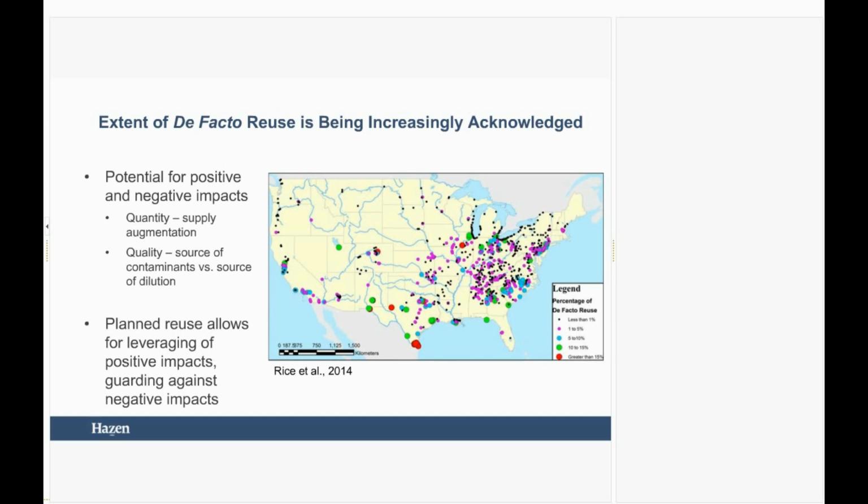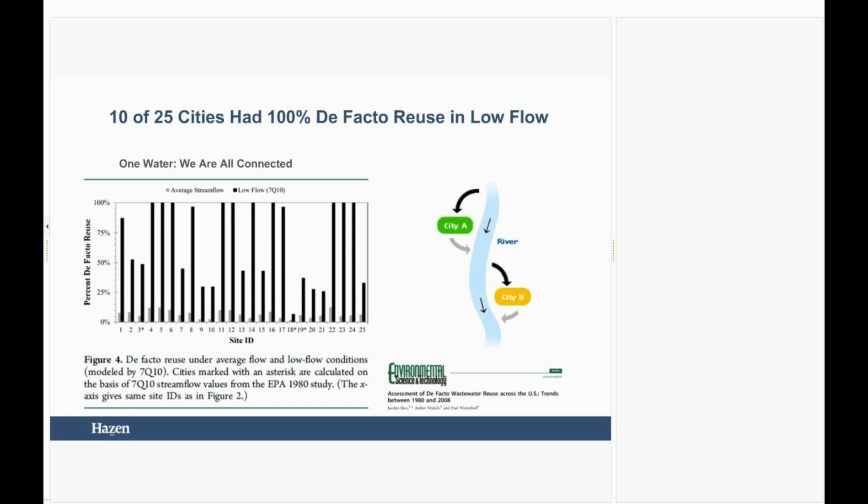And an interesting graph here that sort of shows a number of cities that were looked at in this particular study that showed that 10 of them had 100% de facto reuse in low flow conditions. And so de facto reuse is something that is occurring and being acknowledged here in the US.